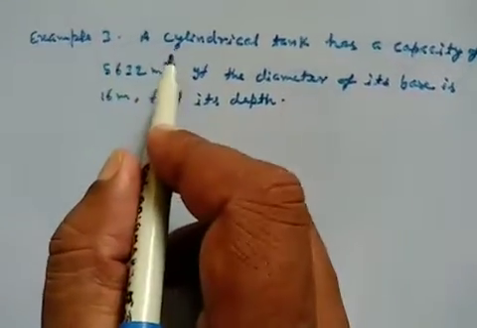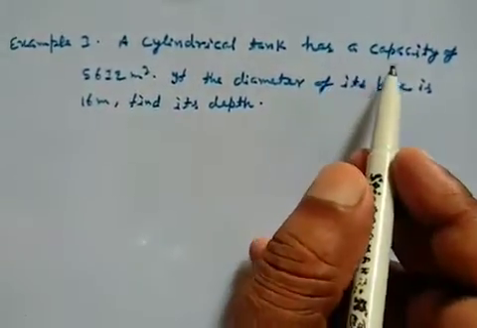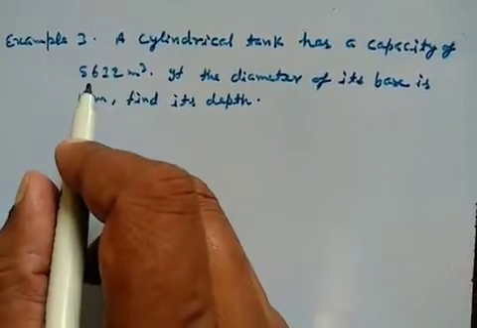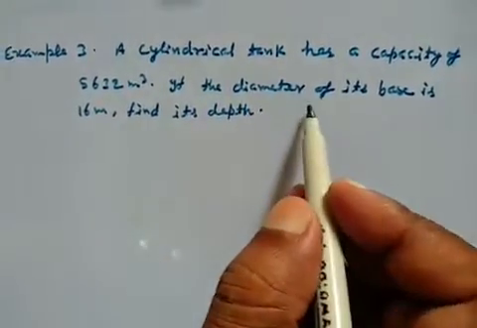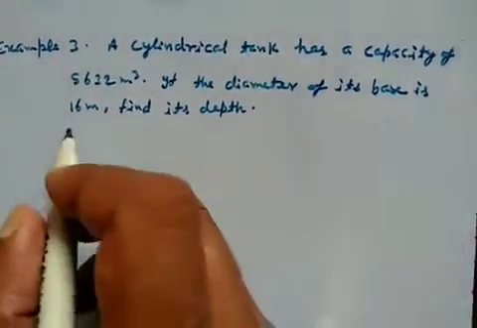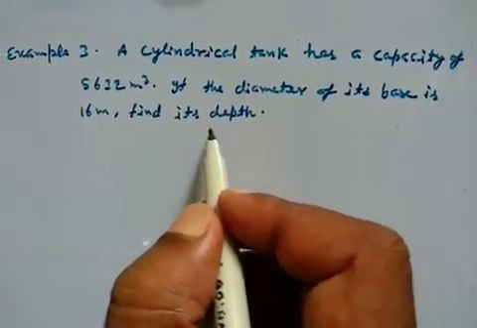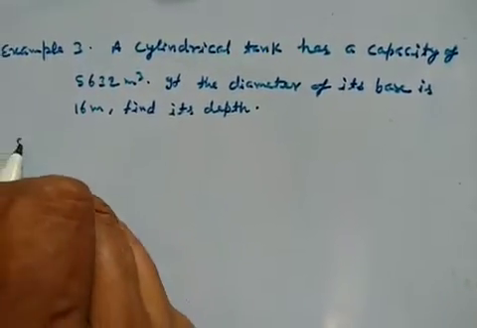Example 3. A cylindrical tank has a capacity of 5632 meter cube. If the diameter of its base is 16 meter, find its depth. Solution.